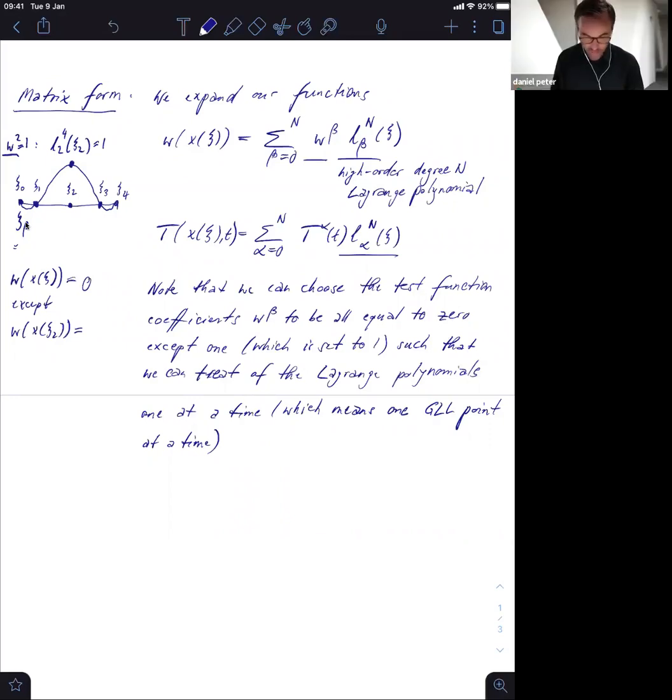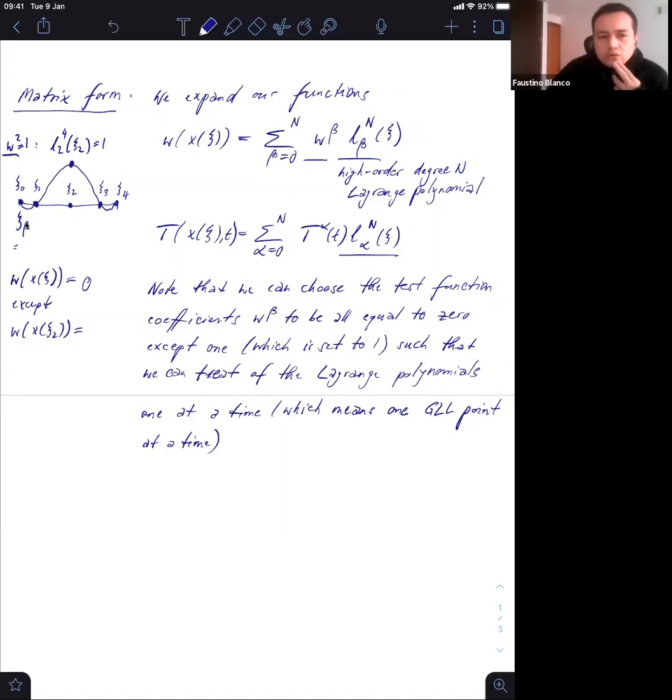Right, but we can now just change the coefficients. So we repeat this choice of the test function as many times as we have GLL points. So we keep changing the test function. And every time we choose a new test function, we just select one of these W coefficients to be 1 and all the others 0.